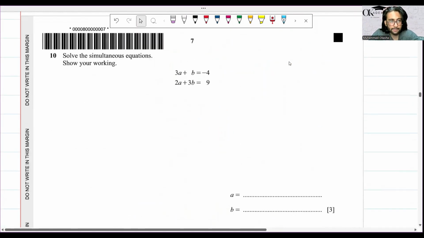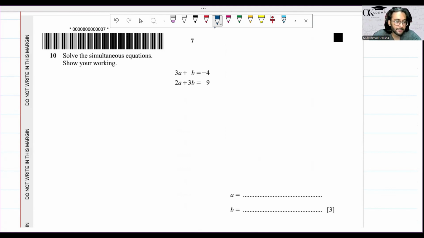Right, next question. Solve the simultaneous equations. Show your working. As a student, I'm taught 2 ways of doing simultaneous equations. One is elimination, one is substitution. You're allowed to pick and choose any method.